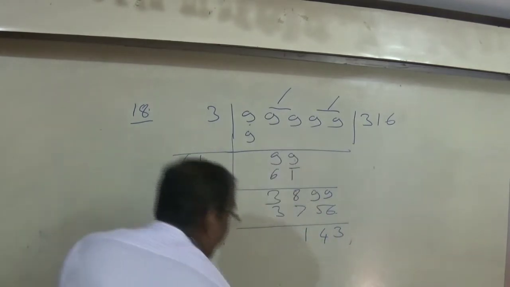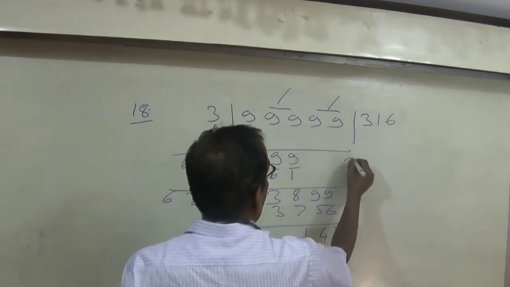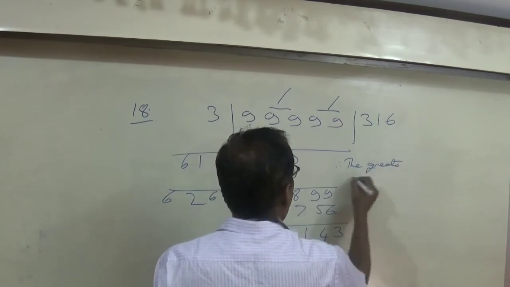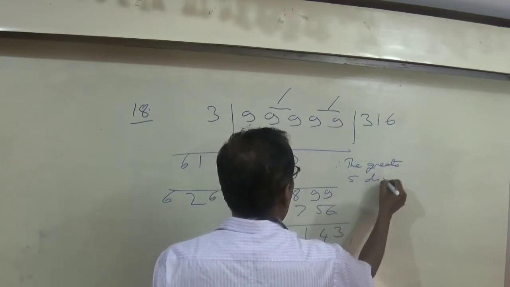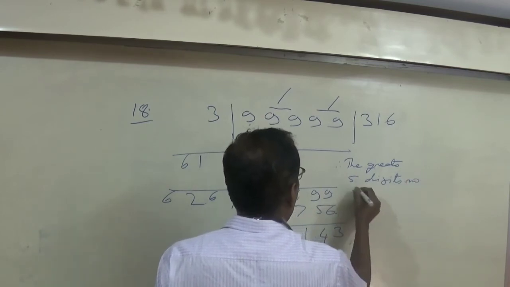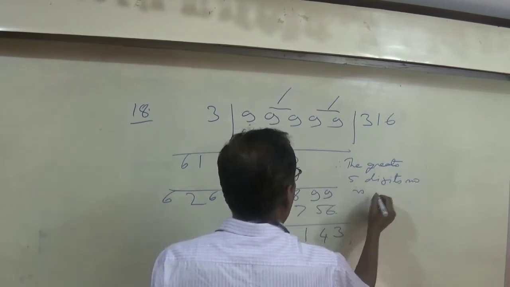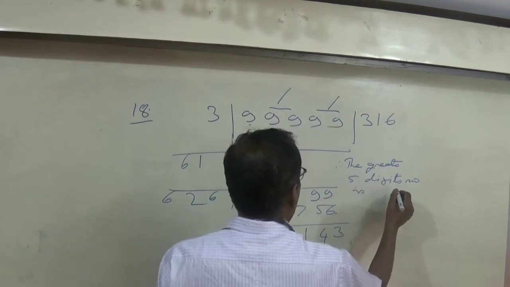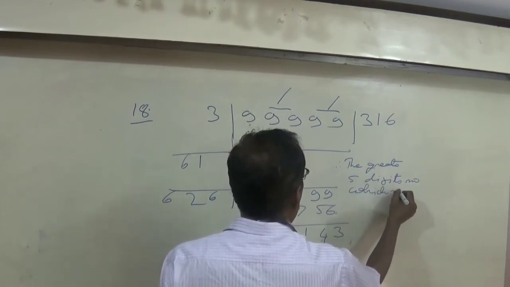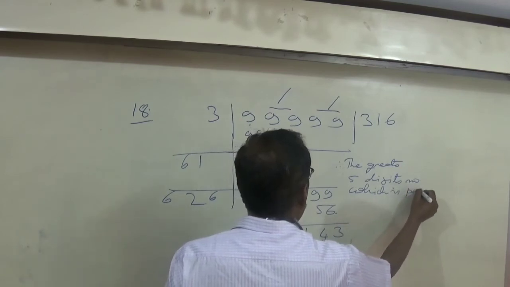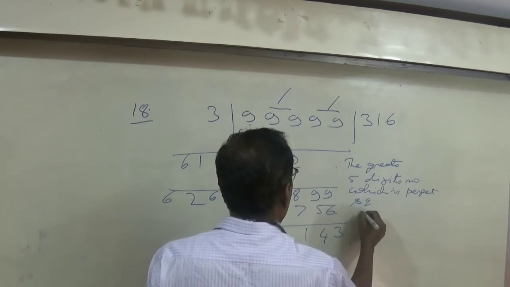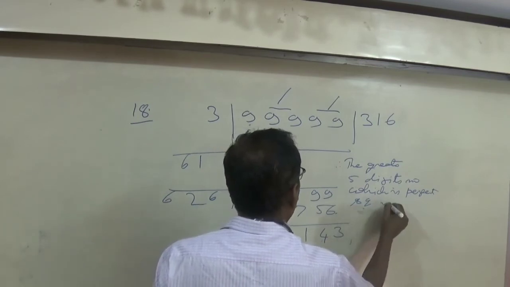Therefore the greatest 5 digits number which is a perfect square is how much?